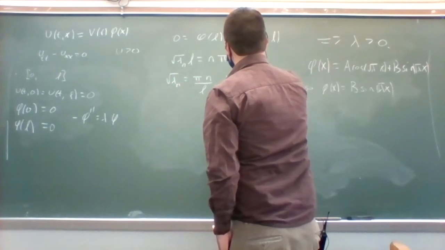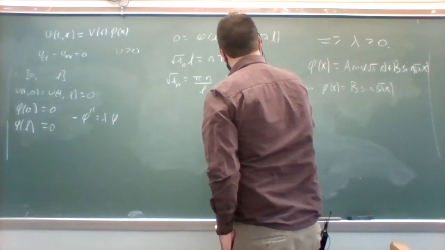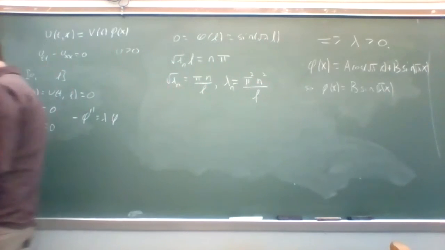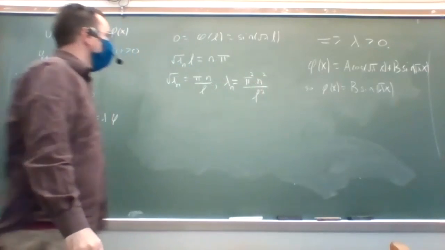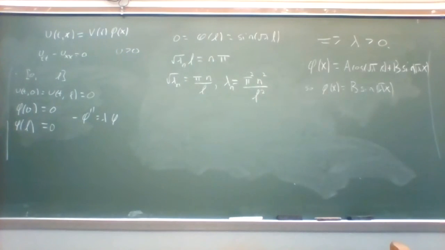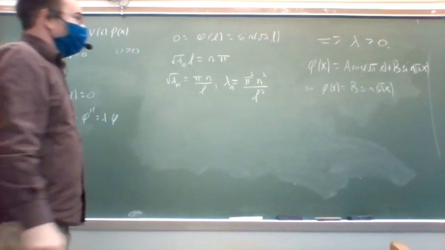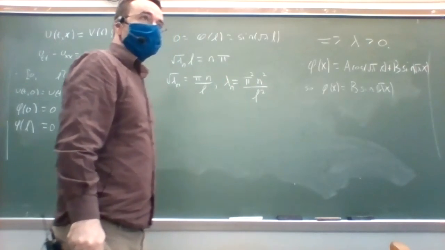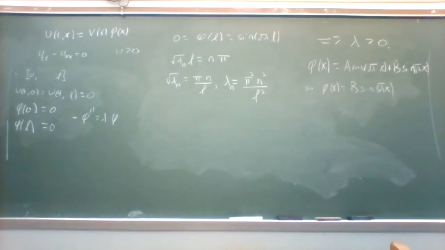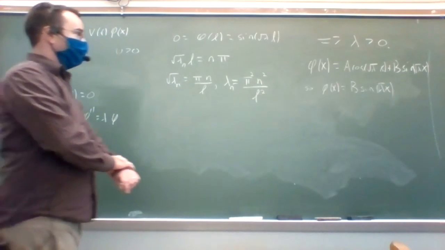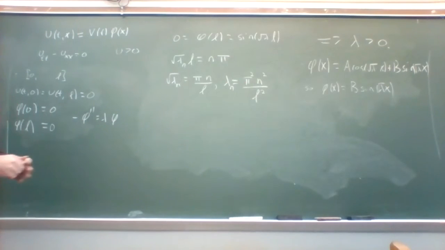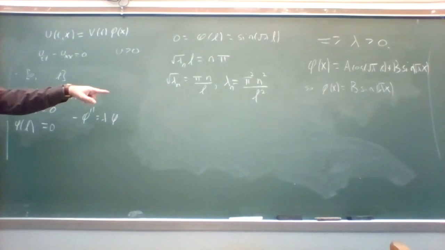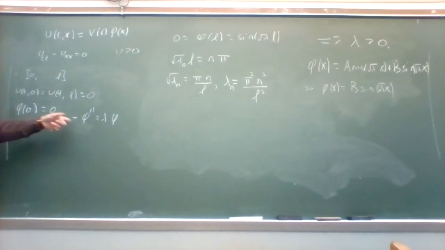So lambda n is now pi squared, n squared, over L squared. It certainly characterizes the harmonics of the string. So what this shows us is that those are the possible eigenvalues to this eigenvalue equation with this initial condition.